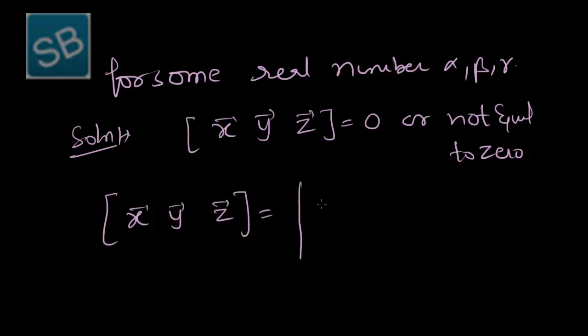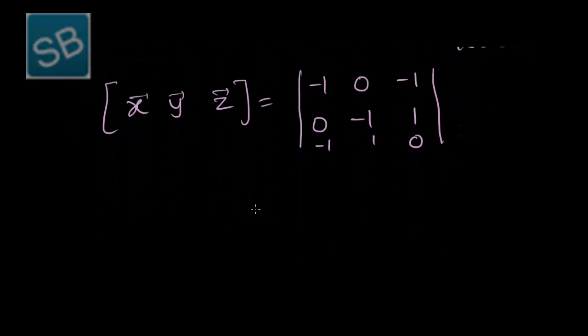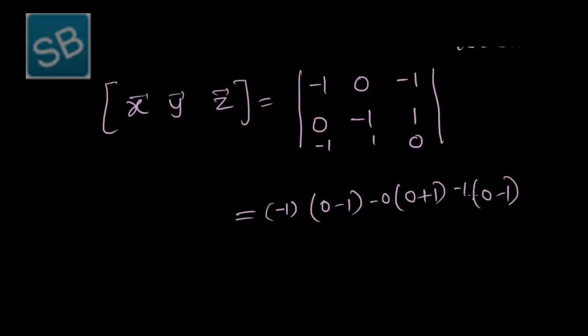It can be written as the determinant with rows -1, 0, -1; 0, -1, 1; -1, 1, 0. Expanding by the first row: minus 1 times (0 minus 1), minus 0, plus minus 1 times (0 minus 1).